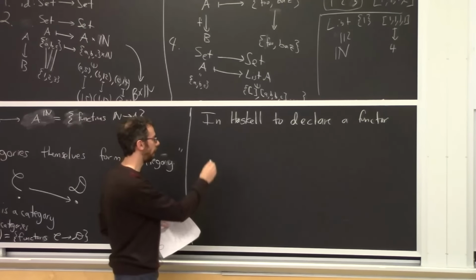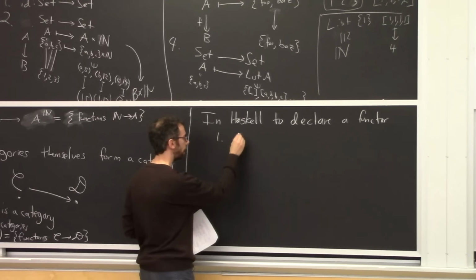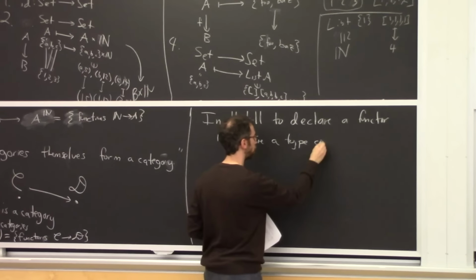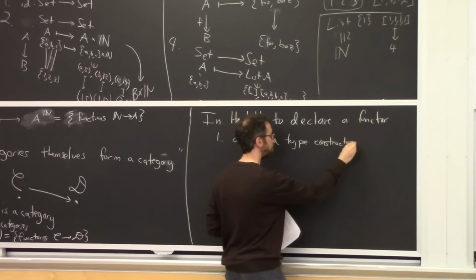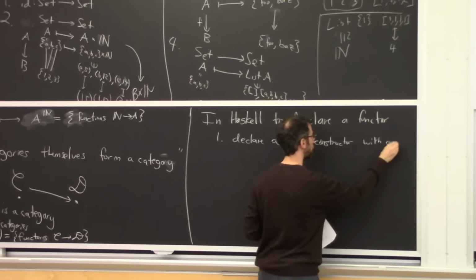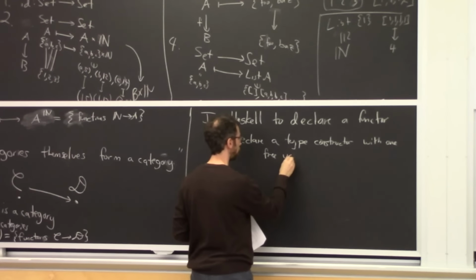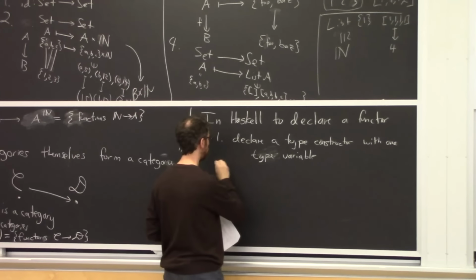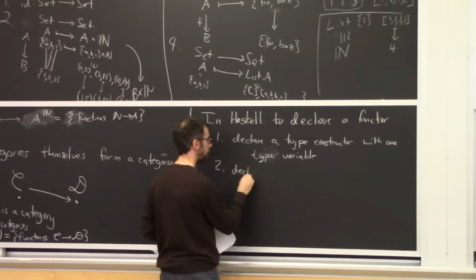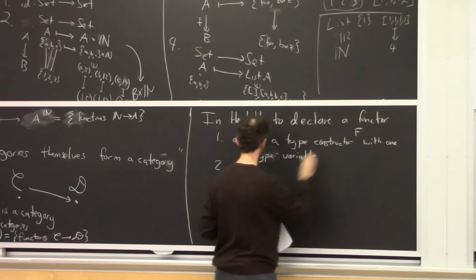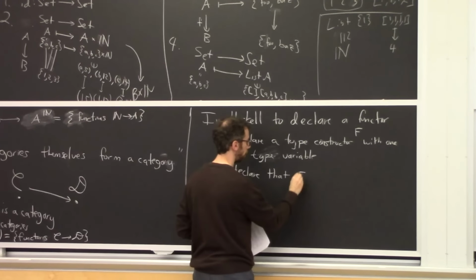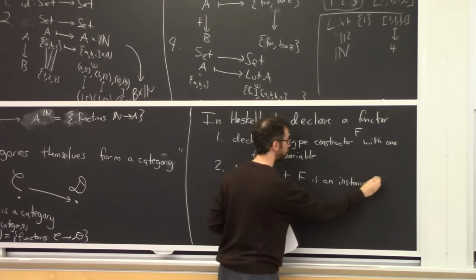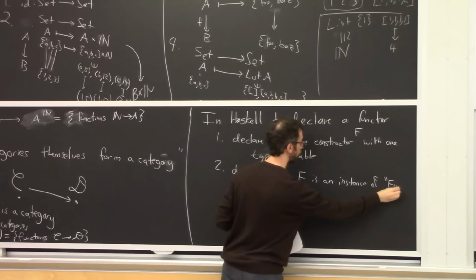And so can this notion of functor work pretty well. So what do you do to declare a functor? You do 2 things. 1, you declare a type constructor with 1 type variable, and I'll say what that means. And 2, you declare, let's call it f, that f is an instance of the functor class.